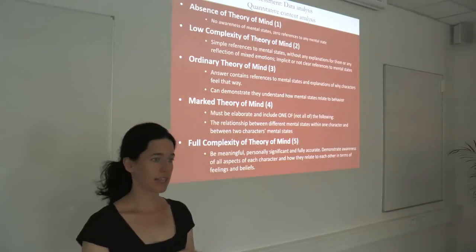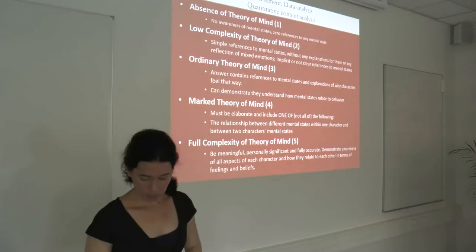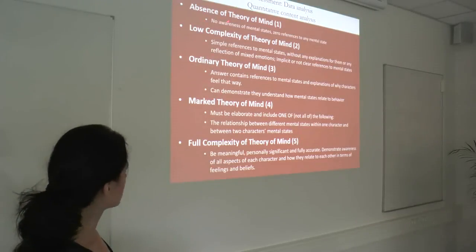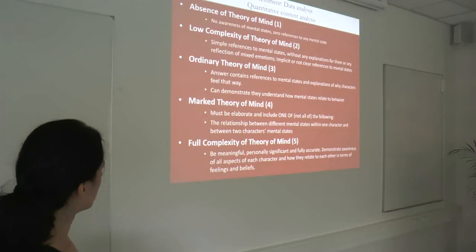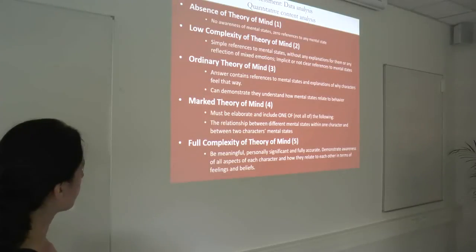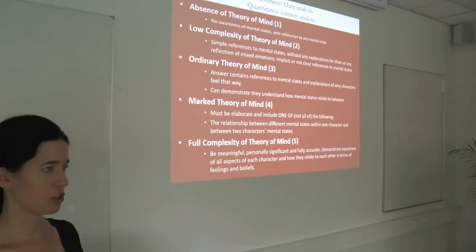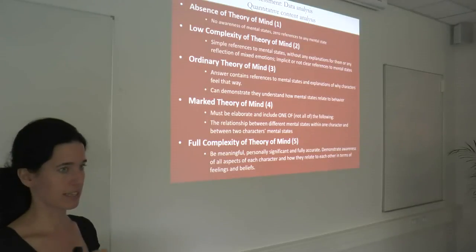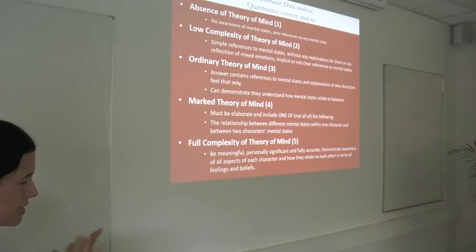So we adapted that rating scale to our analysis, and we use a 5-point rating scale that differentiates the absence of theory of mind, when there is no mental state reference whatsoever; the low complexity of theory of mind, when there are mental states, but they only refer to very ordinary mental states like hope and sadness, the usual ones, but no mixed emotions and no reflection on the relation of the characters.